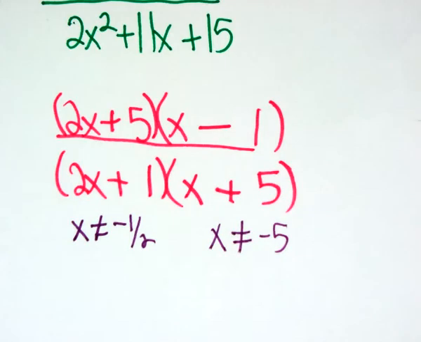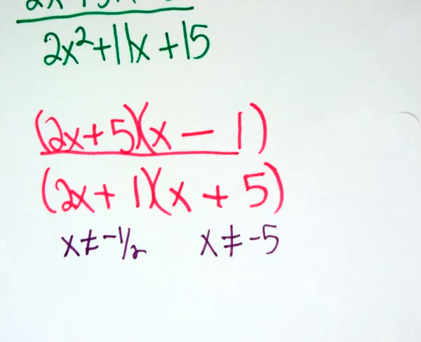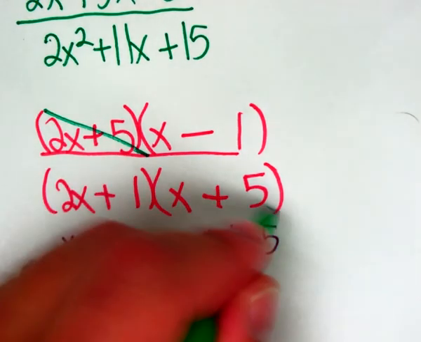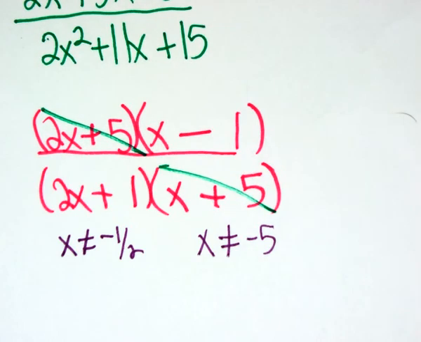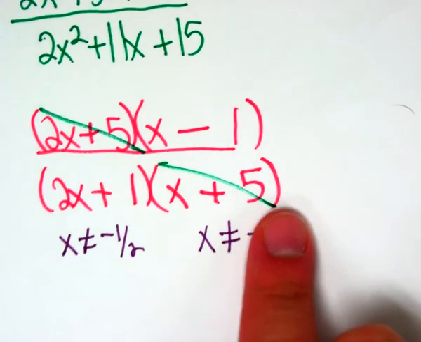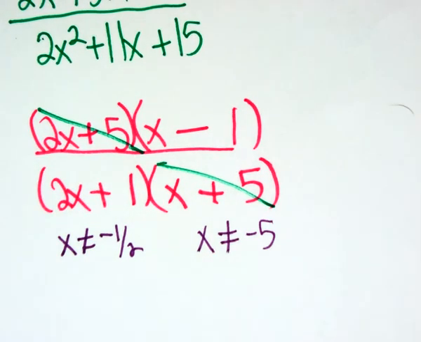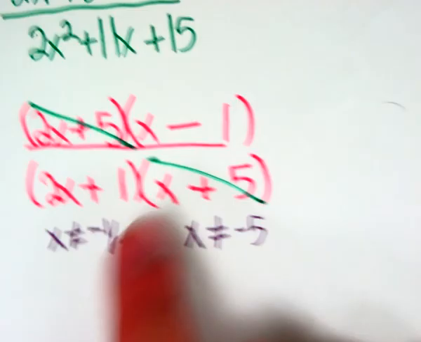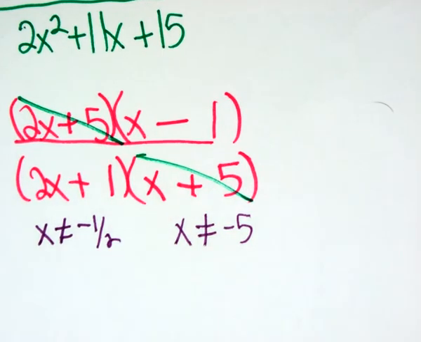So then the simplified form for this, let's get rid of anything top to bottom we can. Can't simplify that because these are not the same. We have a 2x plus 5 and this is an x plus 5. And so what we notice is that there's nothing that we could simplify.